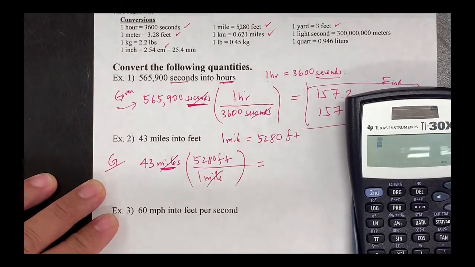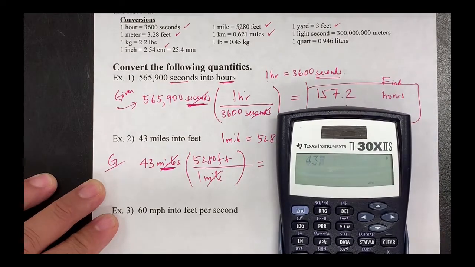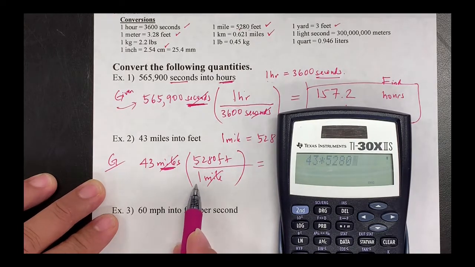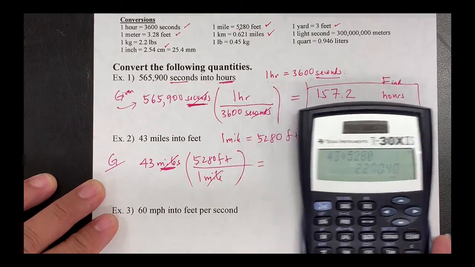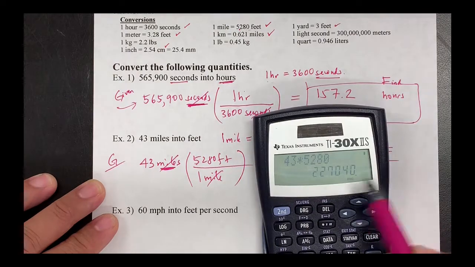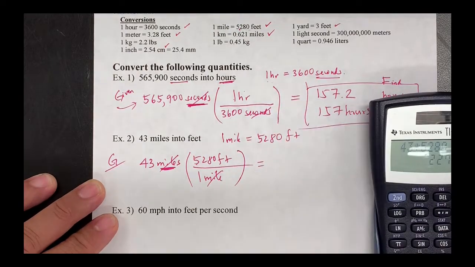So then I go 43 times, and because it's in the numerator, it's now times 5,280. And again, I could divide by 1, but anything divided by 1 is just itself, so that's all I need to multiply. So then I take those two, and I get 227,040 feet.